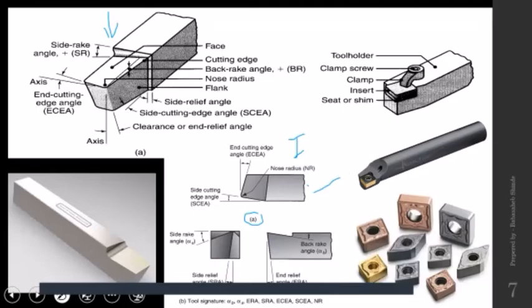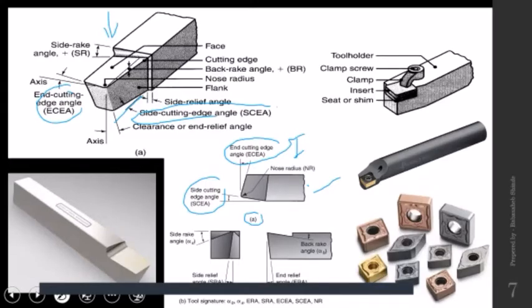There I can represent two inclinations. The first inclination, the end cutting edge angle, is shown over here, and the other one is the side cutting edge angle that is represented over here. Those two inclinations will be visible in the top view.